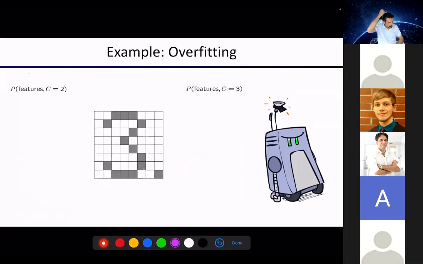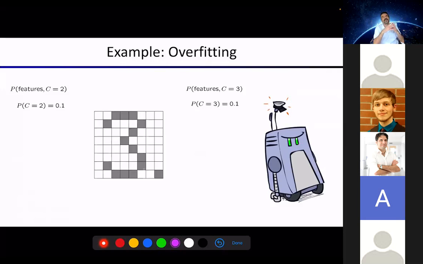Another type of overfitting is specific to model-based classifiers, where you only rely on data to estimate the conditional probability distribution. We discussed where these conditional probabilities or priors come from: your data.